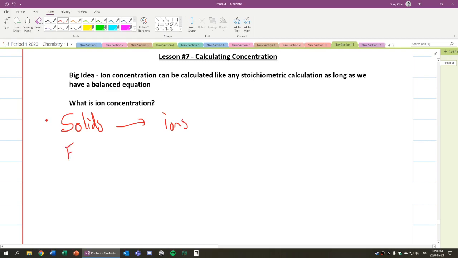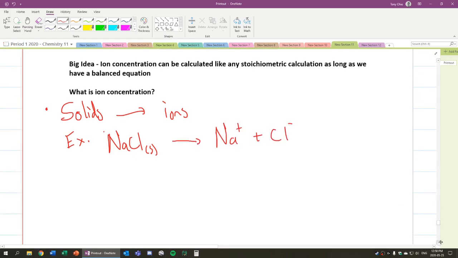For example, when NaCl, sodium chloride, dissociates in water, it turns into sodium ions and chloride ions. Now what you notice is that it's a 1 to 1 to 1 ratio.